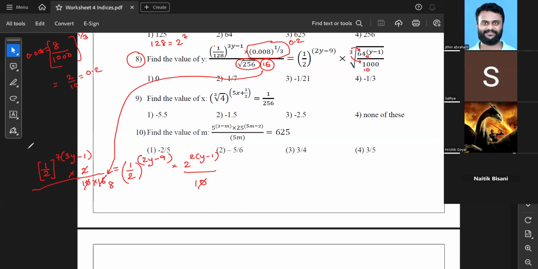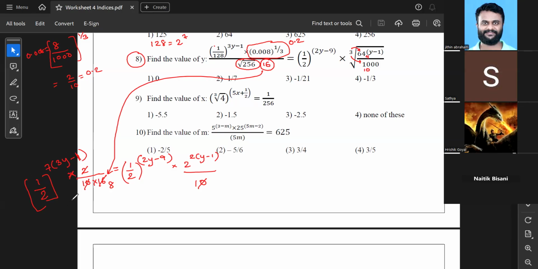This 2 or this 2? Okay, I understood what you're trying to say. Like this, right? Yes, sir. Yeah, why not? It's actually the same only. Yes, I'll write like this.